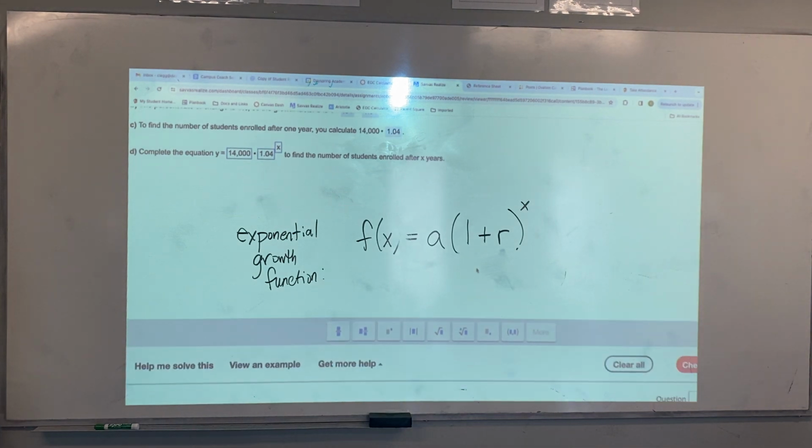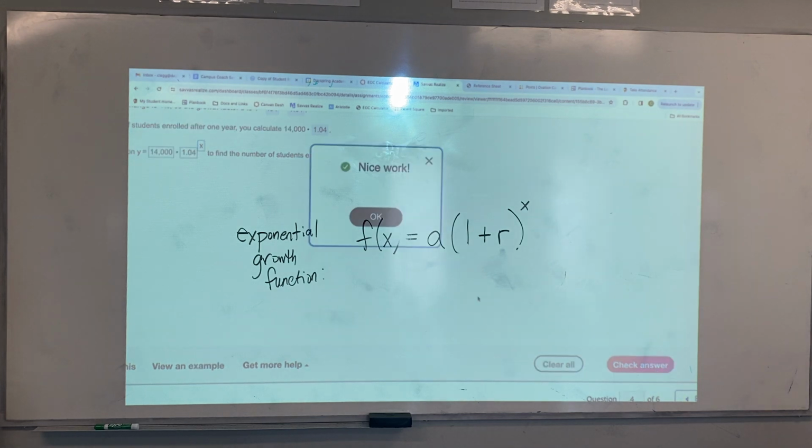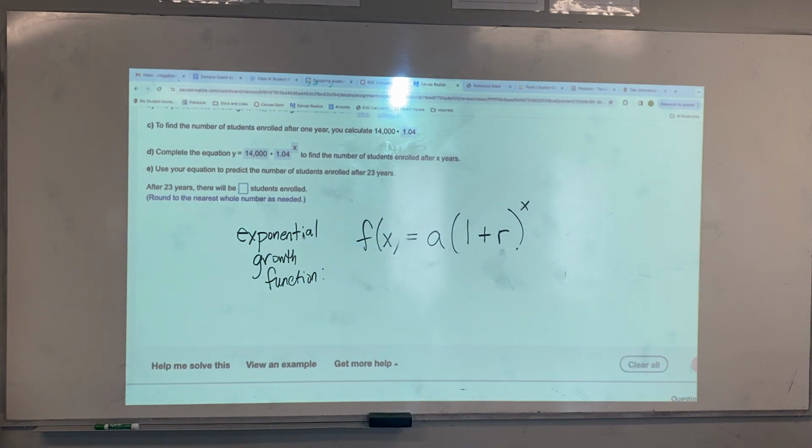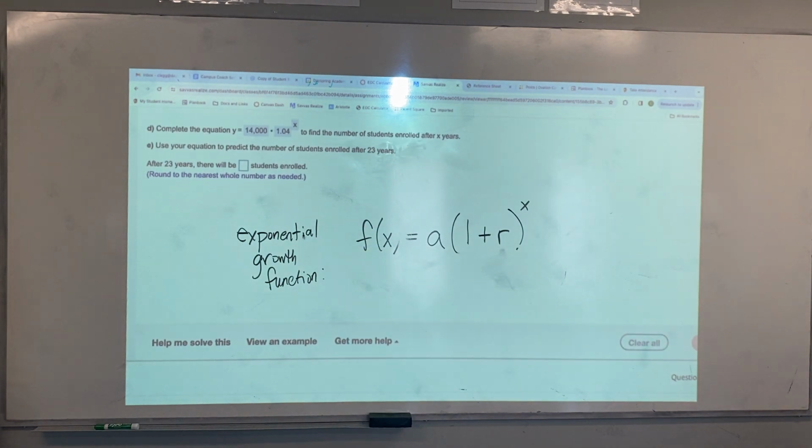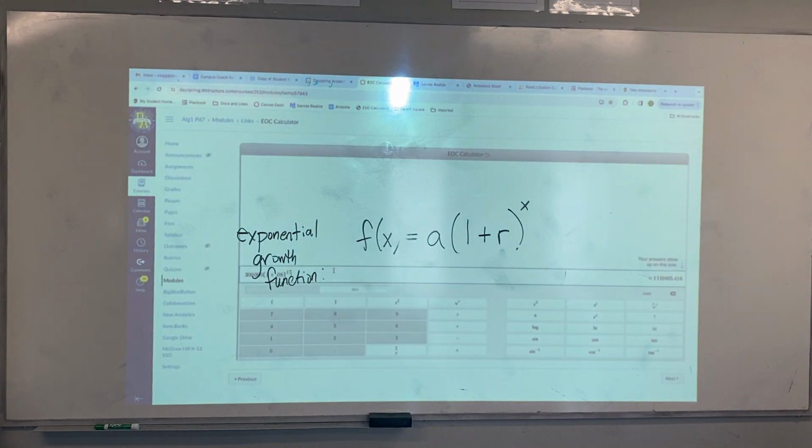We're not actually trying to solve anything right now, but I'm guessing they're going to have us put an input in there. Use your equation to predict the number of students enrolled after 23 years. So we are going to put in our calculator 14,000 times 1.04 to the 23rd power, because it tells us after 23 years.